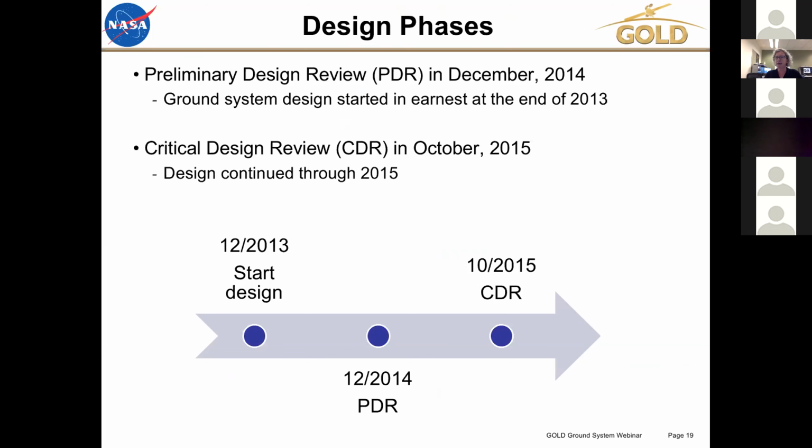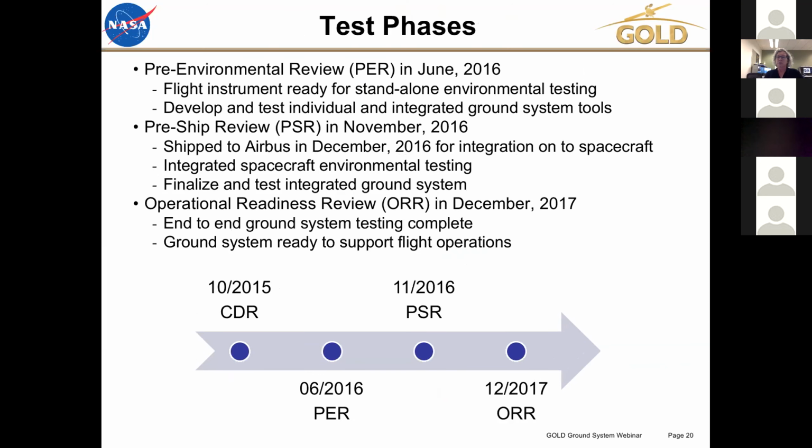Based on that outcome, the reviewers said, you are ready to proceed on with the development phase of both the ground system and the flight instrument. So then we began our development and test phases.